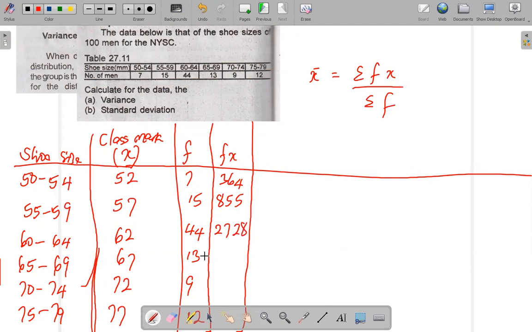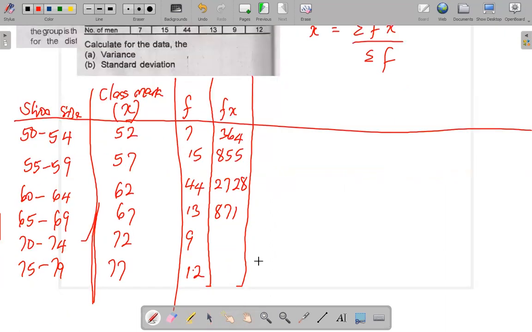Then 67 times 13 is 871. 72 times 9 is 648. And finally, 77 times 12 is 924.